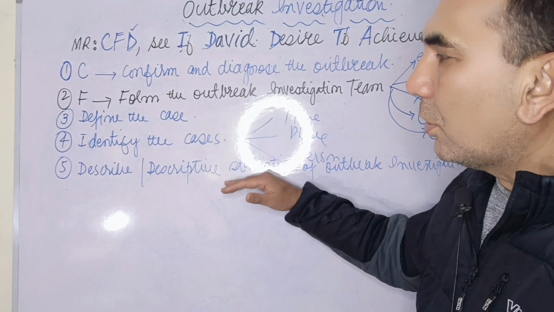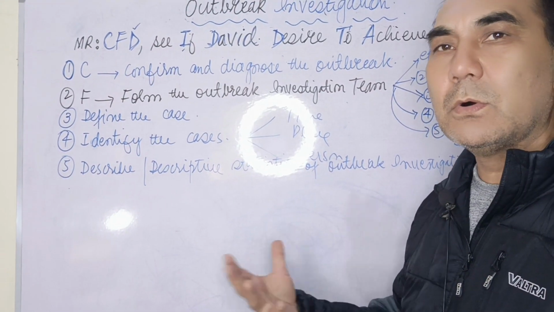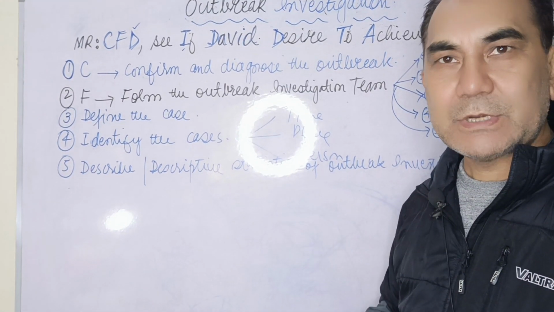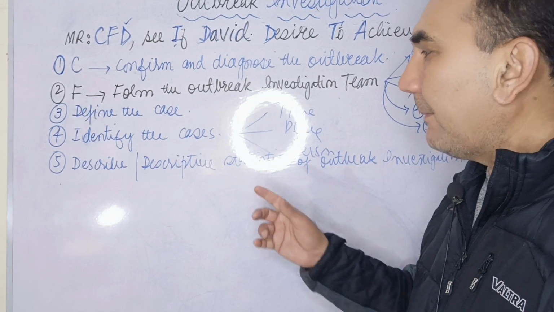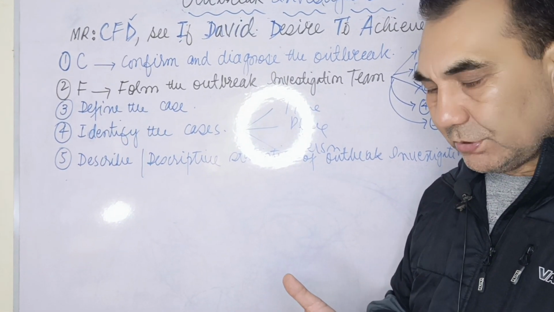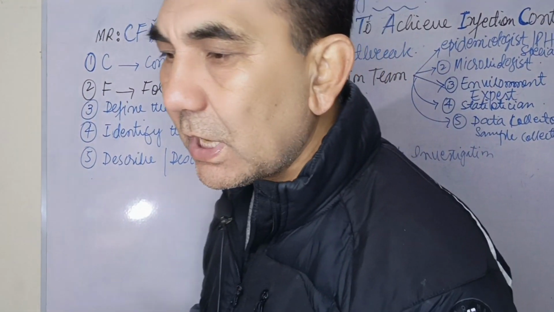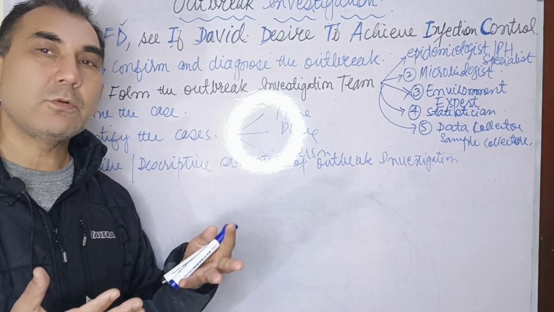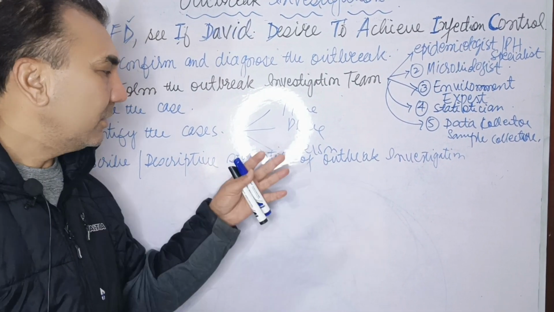So when an outbreak has happened in a particular geographical area, you will collect and describe the data through descriptive statistics. You will look at which group of people it is happening in, which gender, which occupation, which professional people it is mostly happening in.